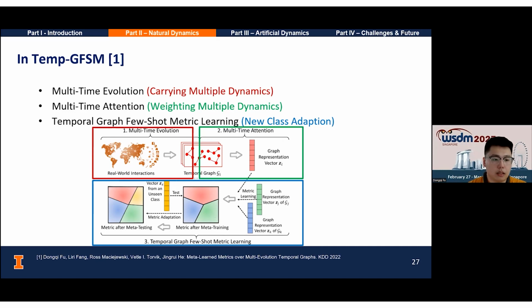The multi-time attention is a mechanism to weight multiple dynamics when we learn the graph representation vector. And the third part is how we could use fewer labels to do the temporal graph classification. The first two parts are relevant to our tutorial. Let me give you some details about that.